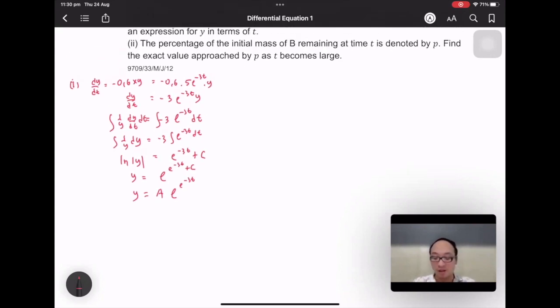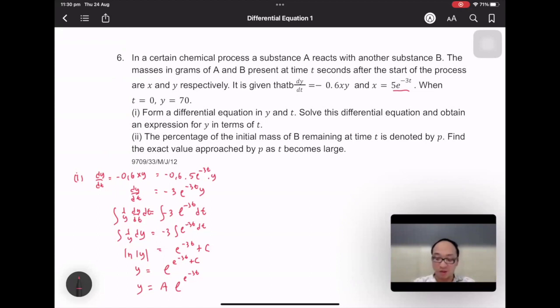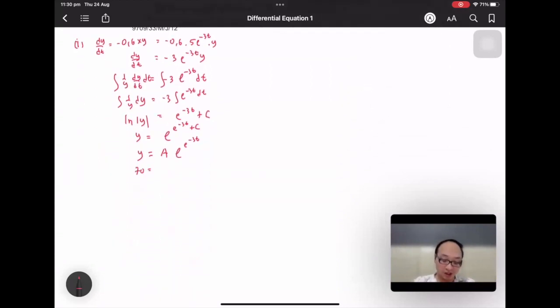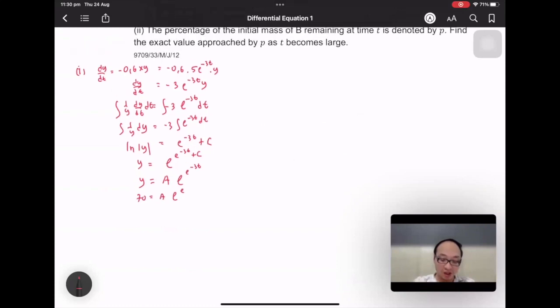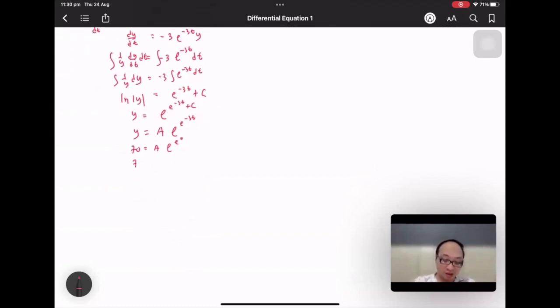And then we put in the information t equals 0, y equals 70. So this is 70 equals A e to the power of e to the power of 0. That means 70 equals A e to the power of 1. So A equals 70 over e.